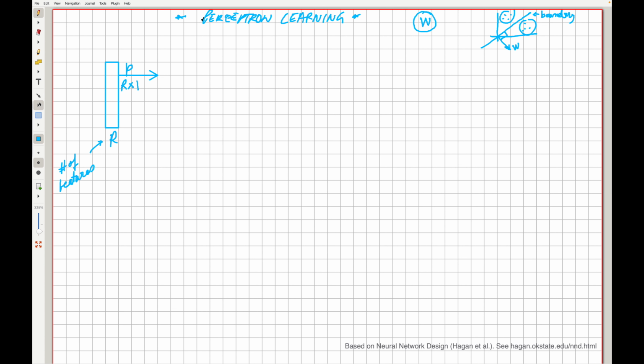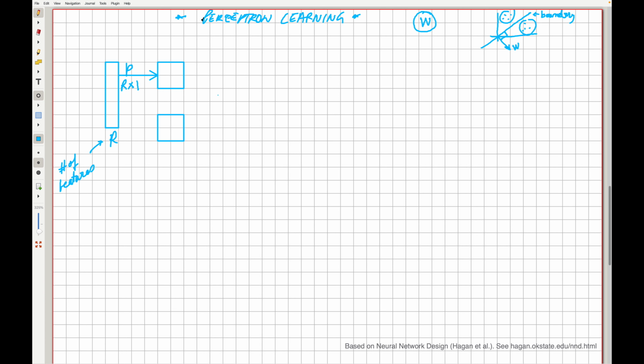This input then goes into another box, which you probably already guessed, that is for W, and then we also create another box down below here, which is for the bias. Apart from that, we also draw a circle here.